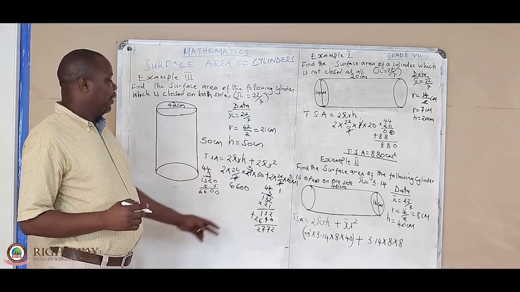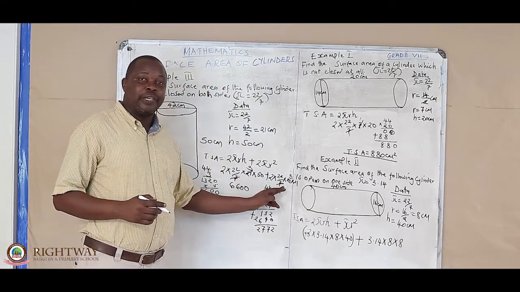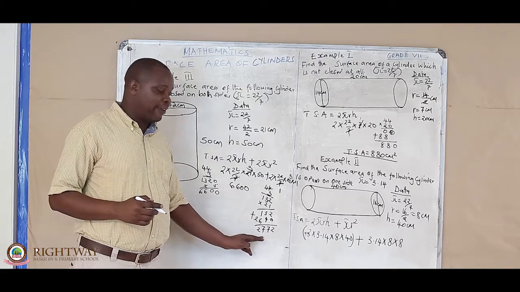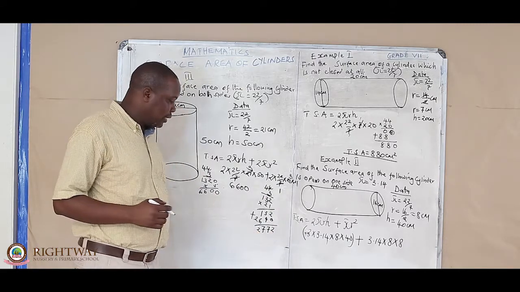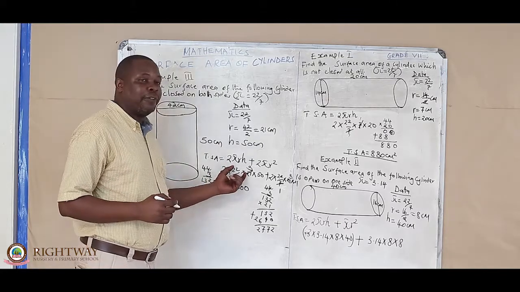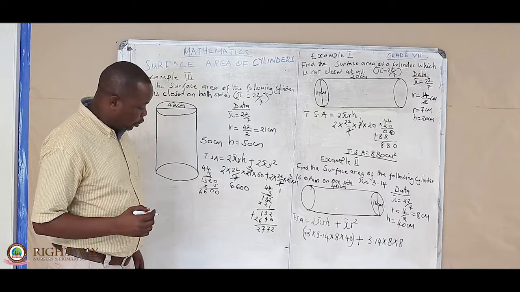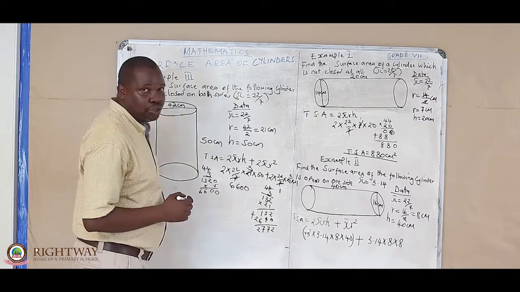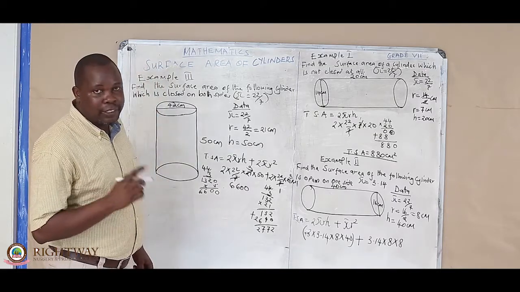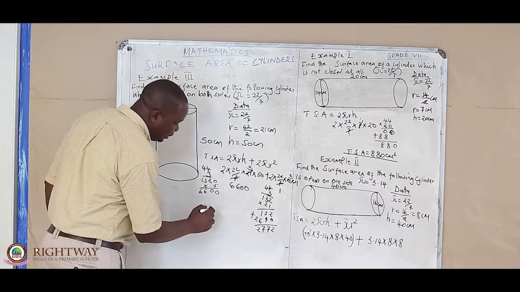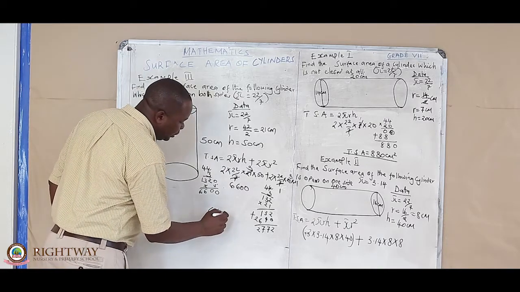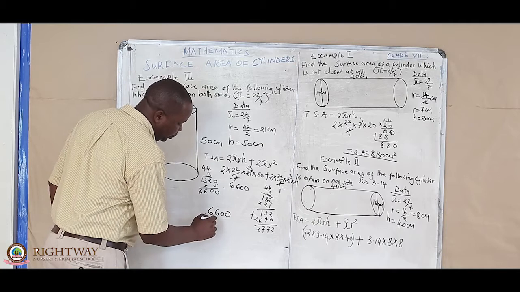You get, on the 2 circles, 2,772 square centimeters. On the curved surface, we shall be having 6,600. The sum of the two gives us the total surface area of this cylinder, meaning we shall take 6,600, add 2,772.